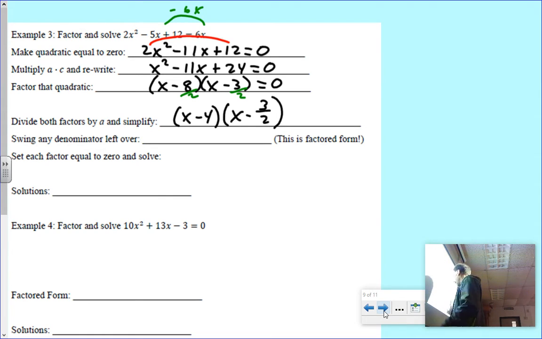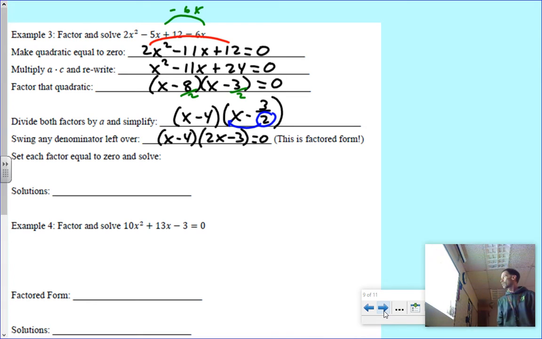If it can't be simplified, then we take whatever the denominator is and move it in front. So my final factored form is x minus 4 times 2x minus 3. And remember, you can always check that. You can multiply that out, FOIL, box method, whatever makes you happy, and you'll get your original equation.